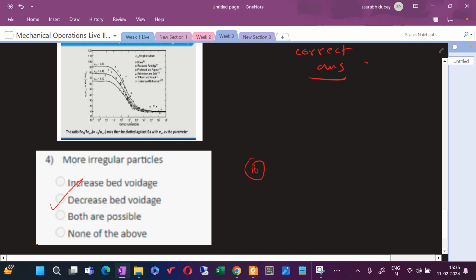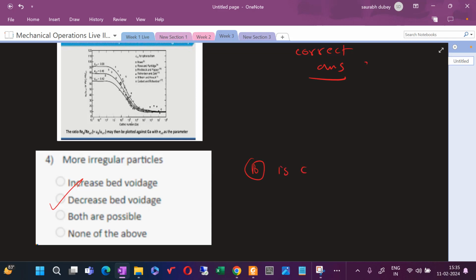B option is correct. Obviously, if spherical particles are there, then some void will come up. But if irregular particles are there, it has been proven experimentally that a decrease in bed voidage is observed.